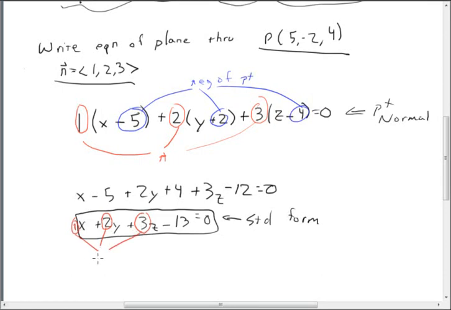This is the normal vector. But notice we've combined all of the point components in, so we can no longer extract the point out of this form. That's basically how you'd write the equation of a plane, and I'll do a couple of practice problems in the next video.